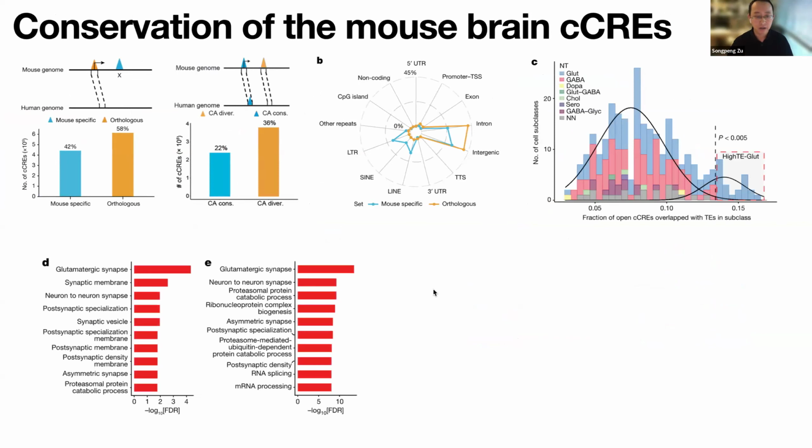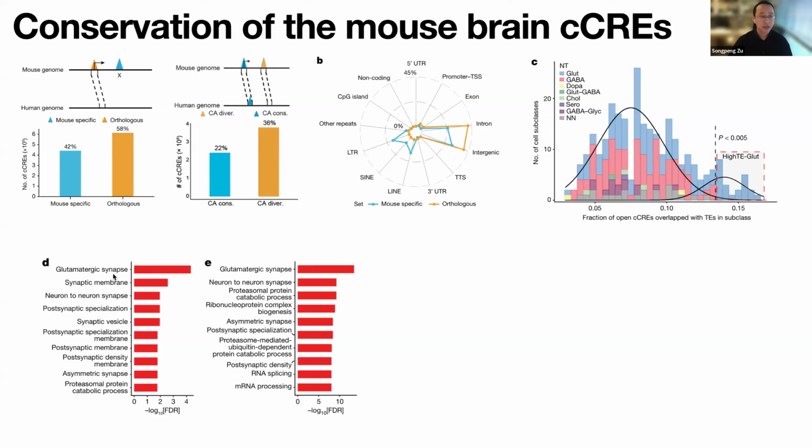If we look at the corresponding GO term analysis, how we did it is that we have the enhancer-promoter connections we inferred previously, so we use the corresponding downstream genes to do the GO term analysis.